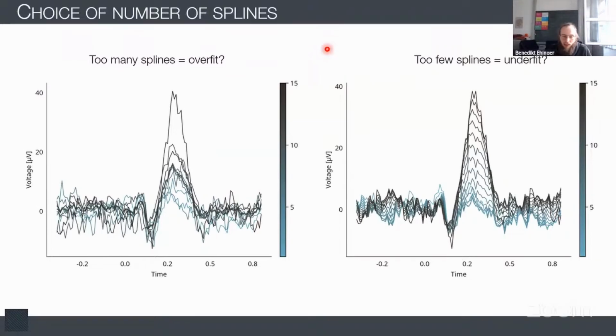The good news is there is some regularization over subjects, because you fit this model for each individual subject and then average the marginal effects over subjects, and that will regularize a lot of the overfits. We simply don't know, and of course it also depends on the quality and amount of your data, and the shape of your relationship.